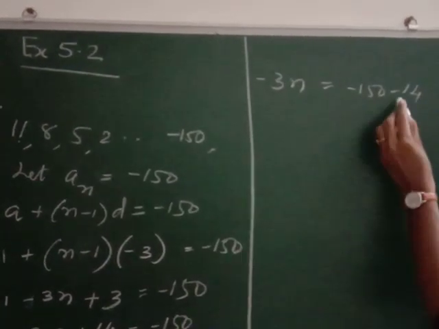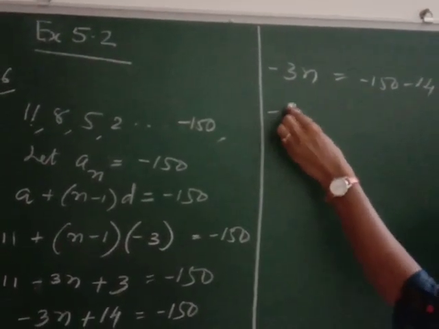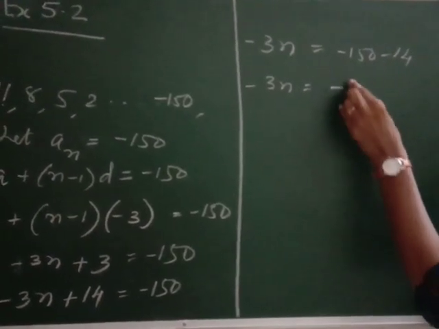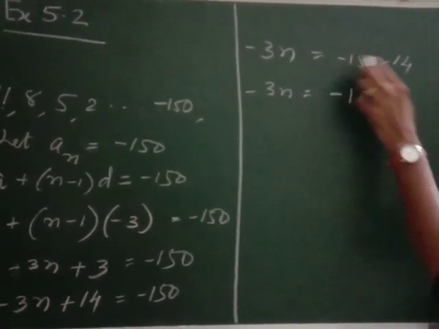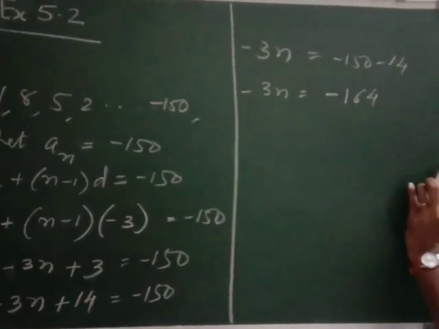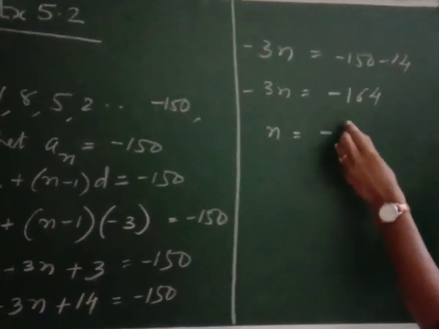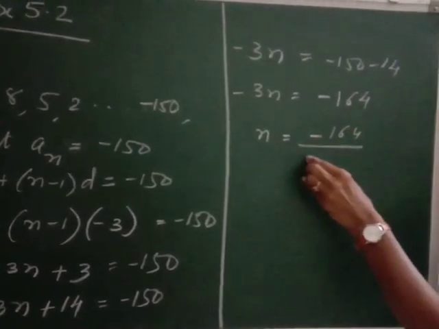This 14 comes to this side, becomes negative. So minus 3n is equal to minus 164, because both are negative, so we will add them. Minus minus gets cancelled.